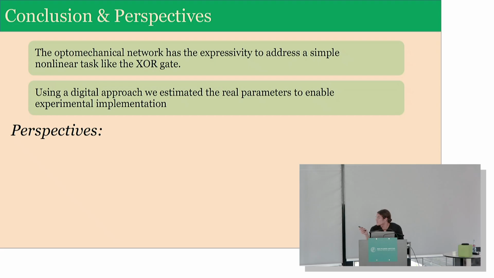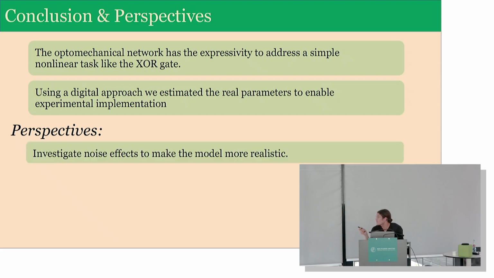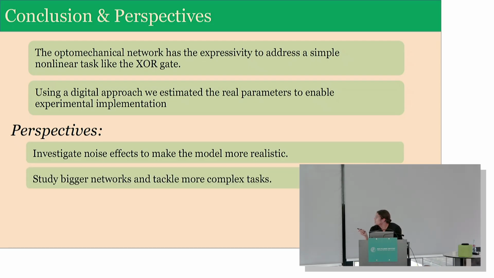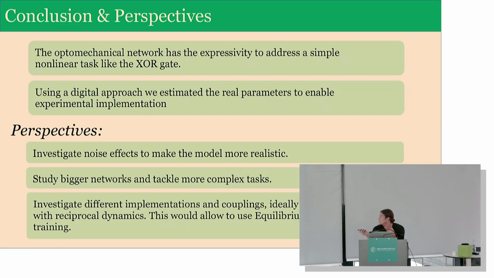As perspectives, first of all, we would like to introduce noise in those equations to make the model more realistic. It would also be nice to consider bigger networks and more complex tasks. And eventually, it would be nice to think of a different coupling so that we have a reciprocal dynamics, because that will make the training way simpler.